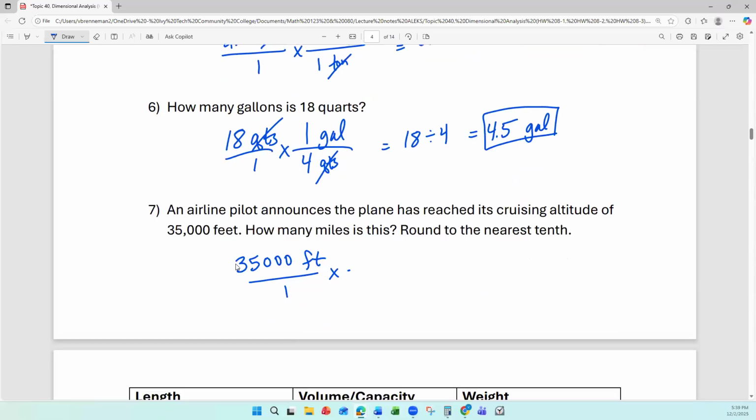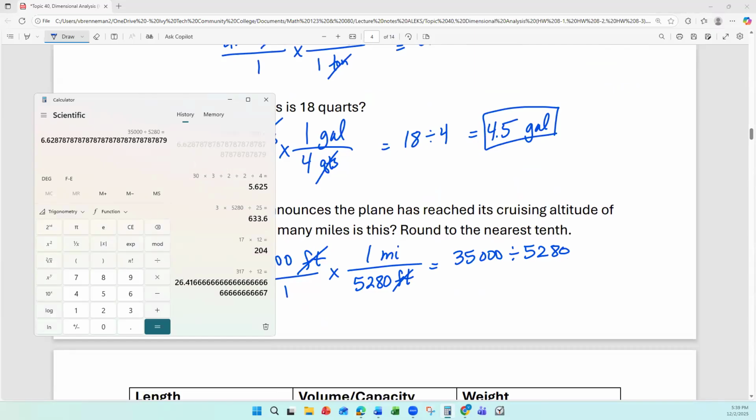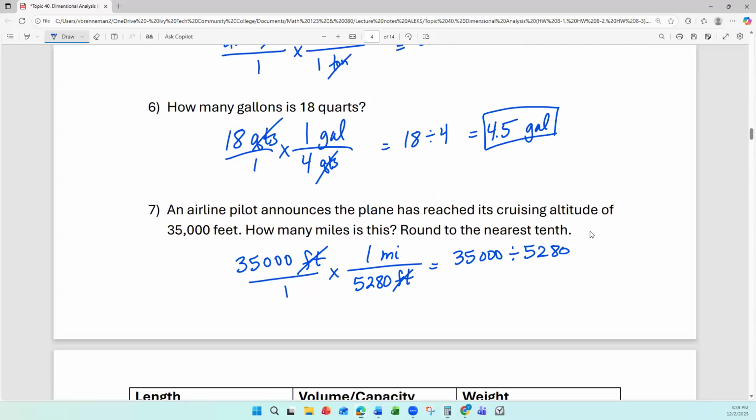And I will put the 5,280 feet on the bottom because I have feet to begin with on top. And the 1 mile on top. The feet units cancel. And I need to take 35,000 divided by 5,280. That's 6.6 rounded to the nearest tenth.